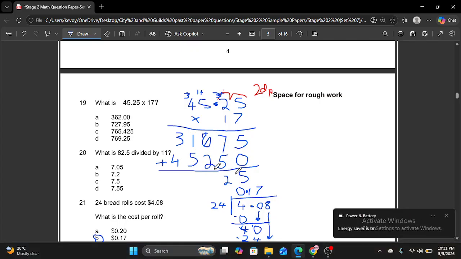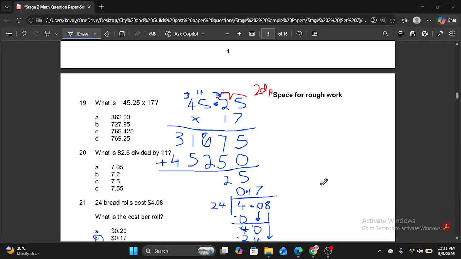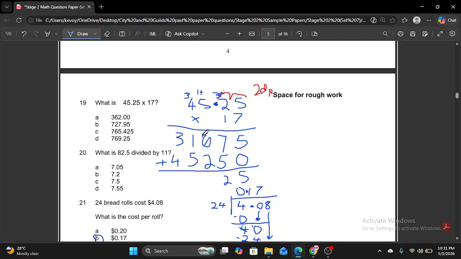7 plus 2. Even my battery is getting tired. So 1 plus 6 is 7. 7 plus 2, that's 9. 5 plus 1, that's 6. 4 plus 3, that is 7. So remember, we put back the decimal places, so 2 decimal places.